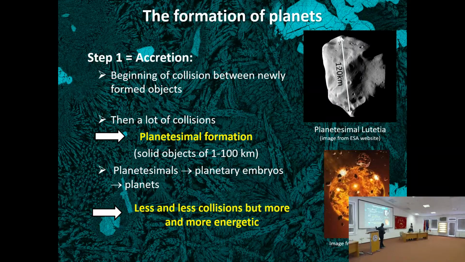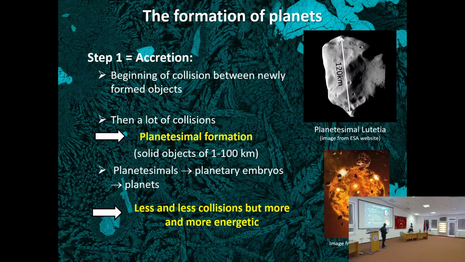That is a two-step model. The first one is accretion. We start forming the first solids in the solar system, and as soon as they are formed, they start to collide against each other.